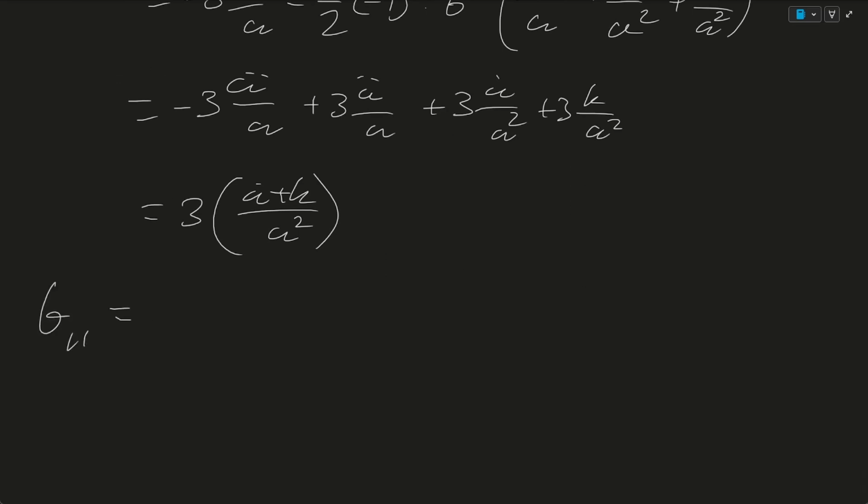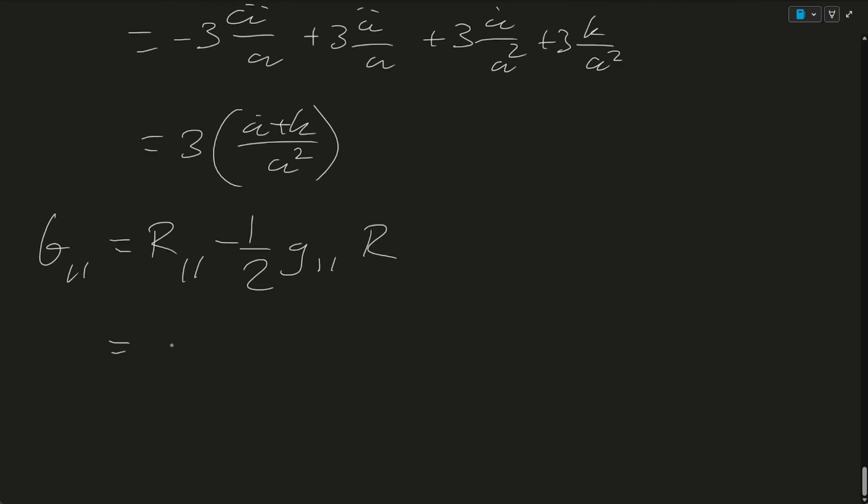G11, what could it be? R11 minus half g11 R. This is a double dot plus 2 a dot squared. Okay, this is engraved into my memory permanently. I've written it out so many times now.